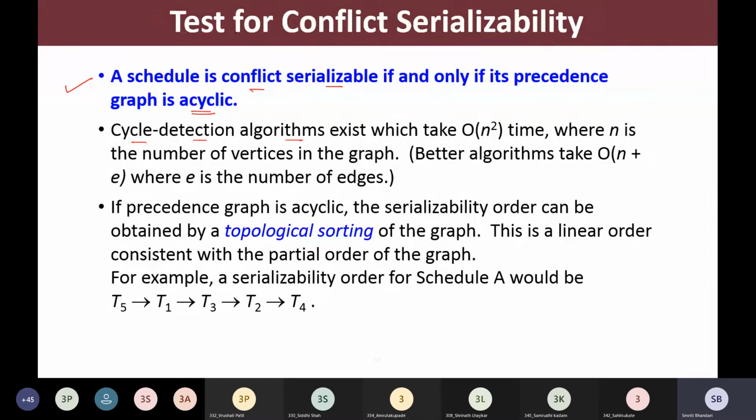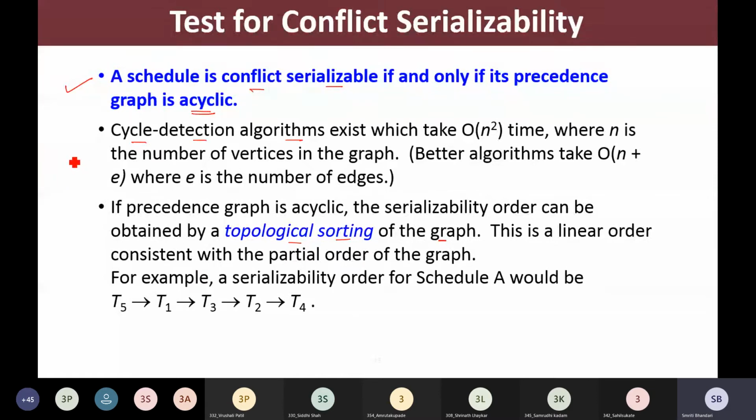Further, if the precedence graph is acyclic, meaning there is no cycle, then the serializability order can be obtained by topological sorting of the graph. Once again, there is an algorithm for topological sorting of the graph. So first we detect the cycle.